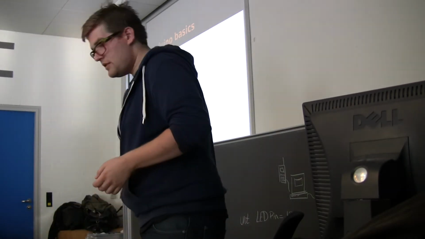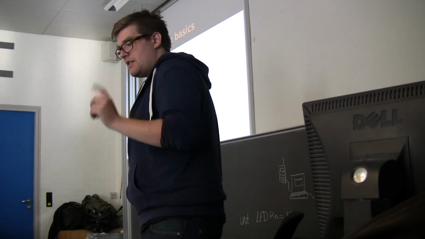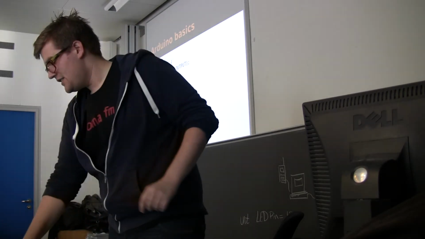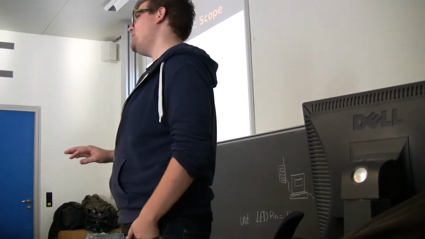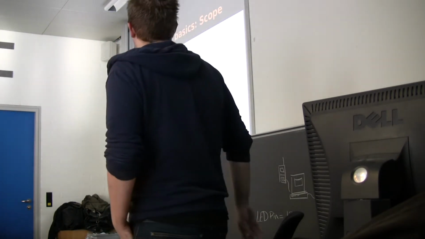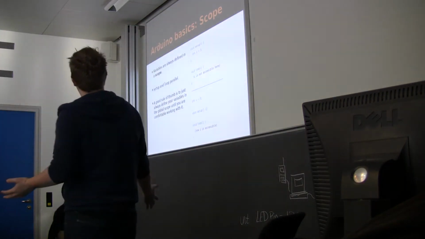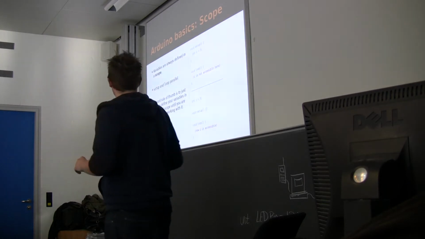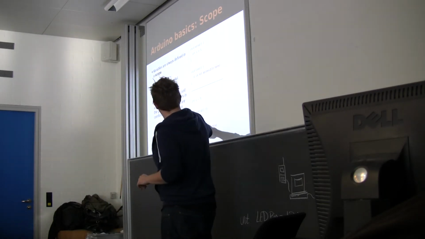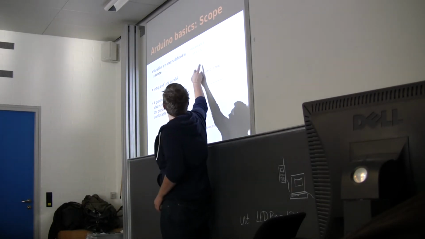So where would you put that int LED pin is equal to 13? That is for the next slide about variable scope, because scope is something that might be difficult to grasp. Variables are always defined in a scope, and a scope is defined by being between these curly braces.